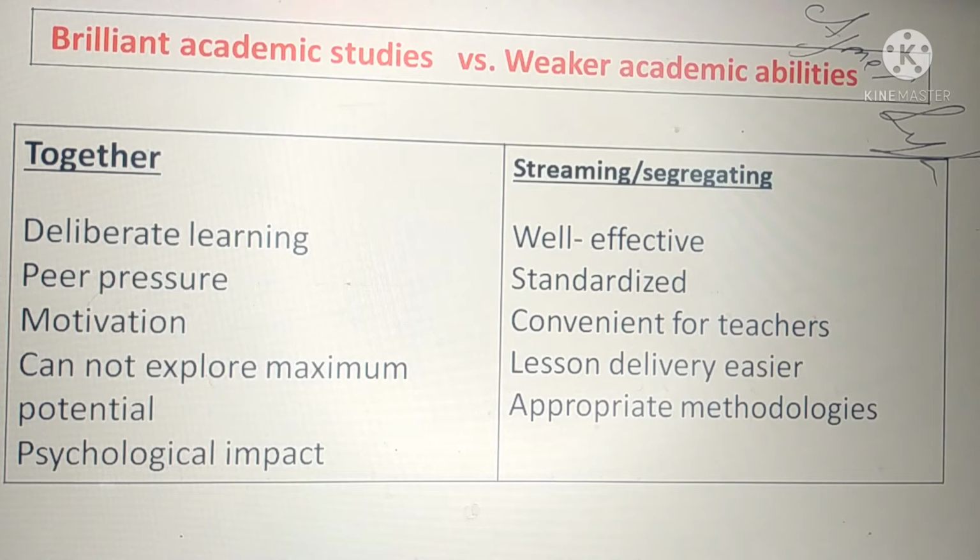So if they are sitting together, they can see each other, they can get motivated from each other, and it could be deliberate learning, means peer pressure would be there, they would get motivated, encouraged to perform better. So that's why motivation would be there.